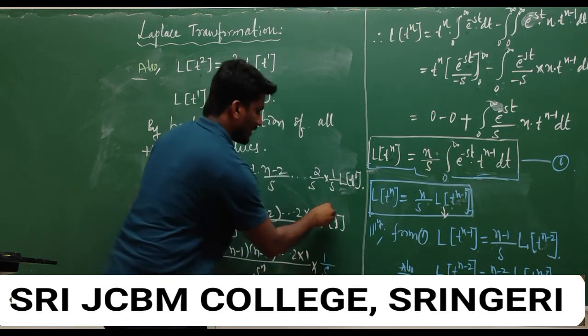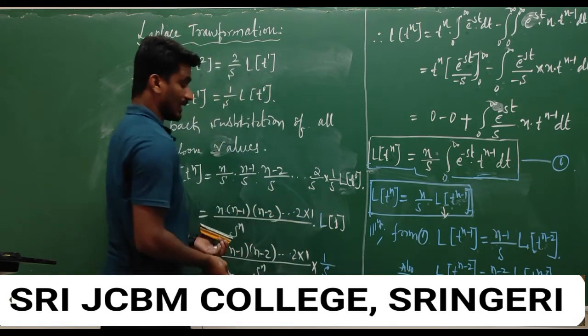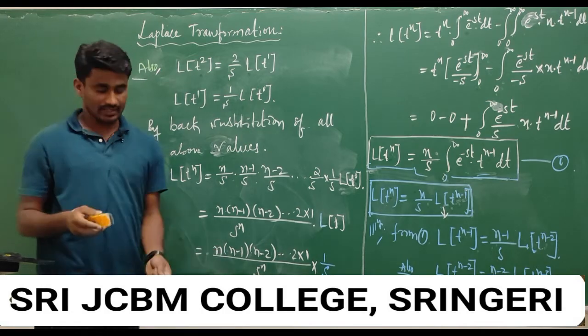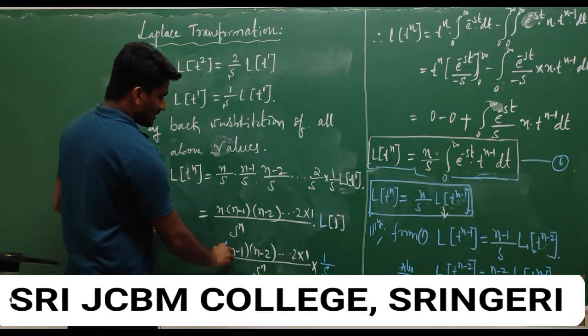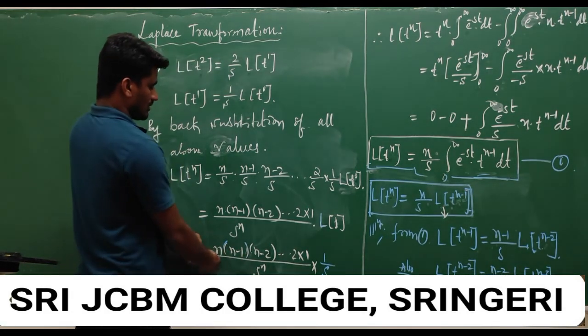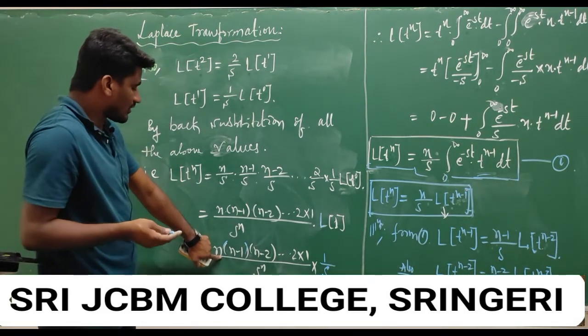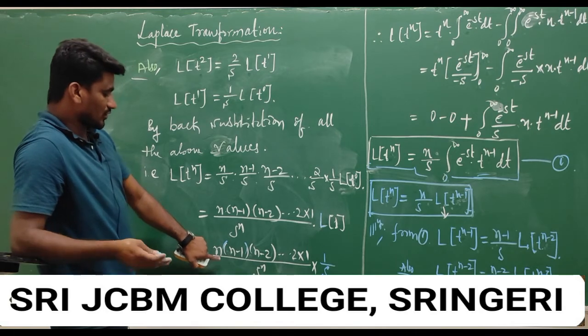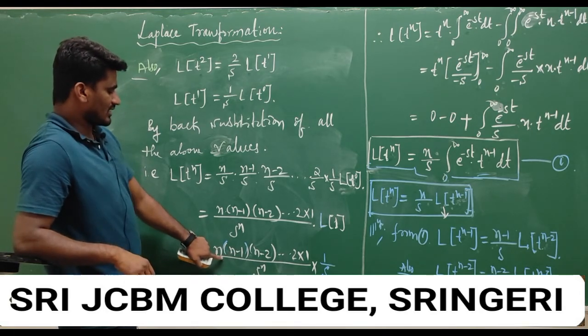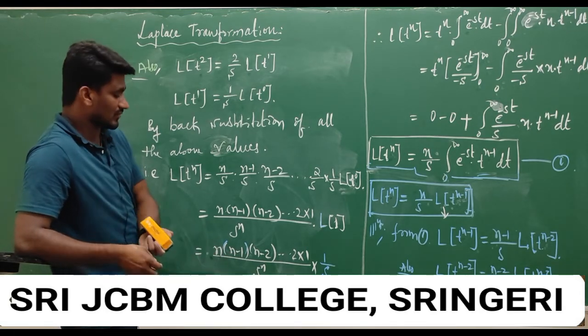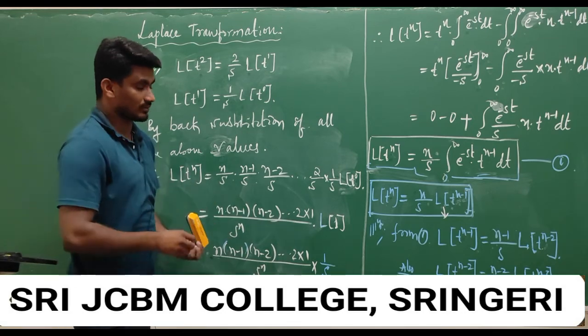In a previous video we have seen the Laplace transform of constant values. Looking at this condition, it is nothing but n factorial. When the n value is reduced down to 0, that is the condition of n factorial: n, n minus 1, n minus 2, up to 1.